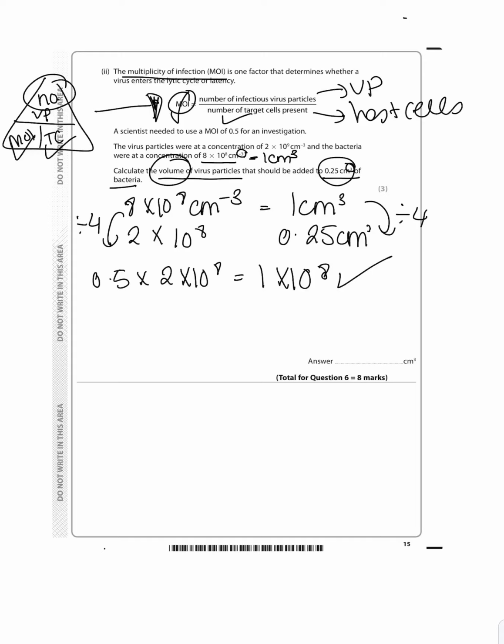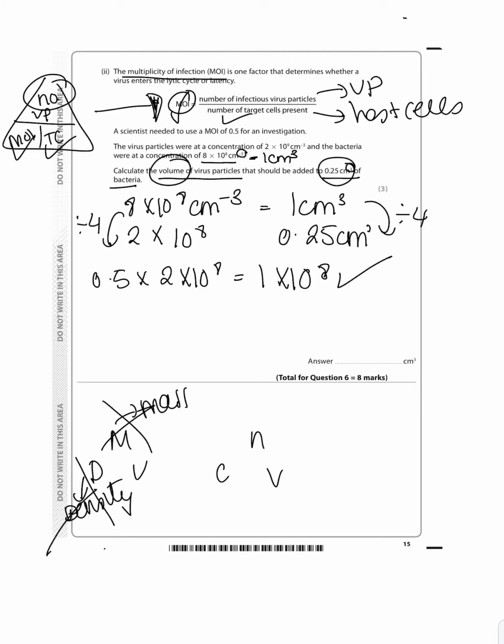If you remember back to your maths or chemistry skills, there are two ways to calculate volume. You can use density and mass, or you can use concentration and number. Now, we don't have mass or density, so it's unlikely we're going to use that equation. Another way to calculate volume is with the concentration and the number. We do have the concentration present, because it's over here: the concentration of virus particles.